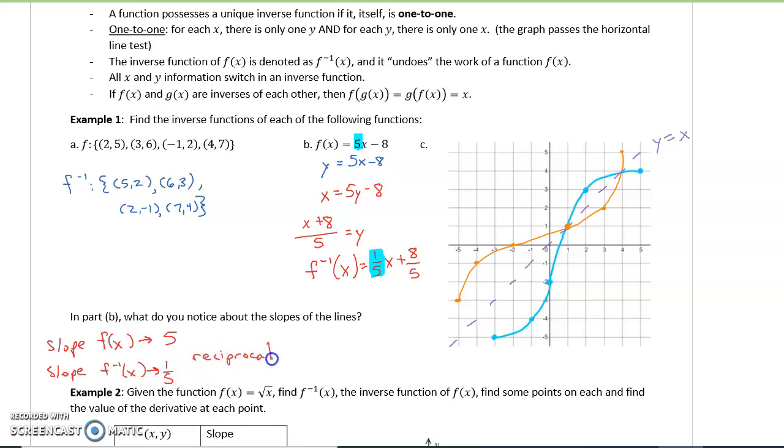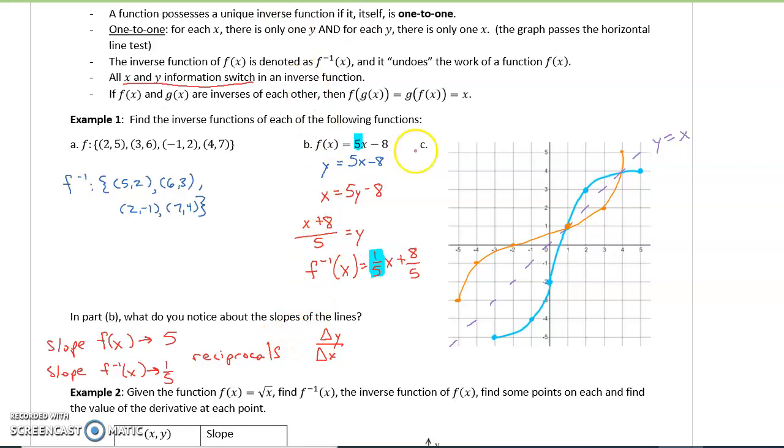And I don't think that's surprising when you think about how all the x and y information switch. So remember what the slope is. The slope is delta y over delta x, the change in y over the change in x. So we're just going to have to flip-flop the rise and the run, the x and the y. So it's going to change that by taking the reciprocal of it.